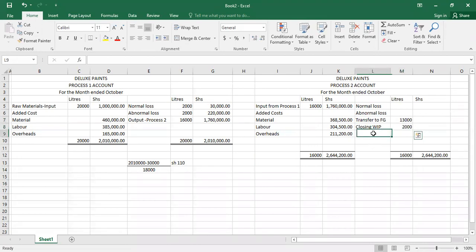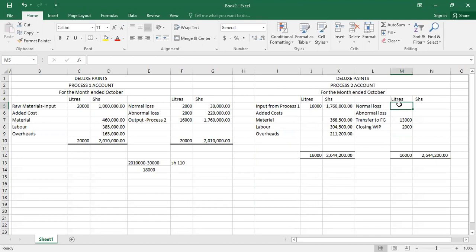So our 1,000 is a combination of normal and abnormal loss, right? Have we been given the percentage of normal loss? 5% of input. So 5% of input, which is 16,000, what do we get? 800.